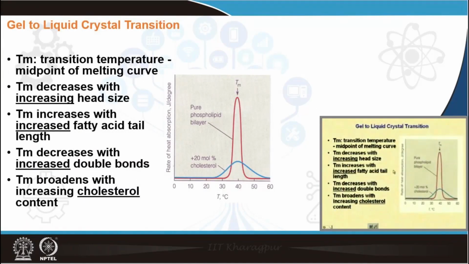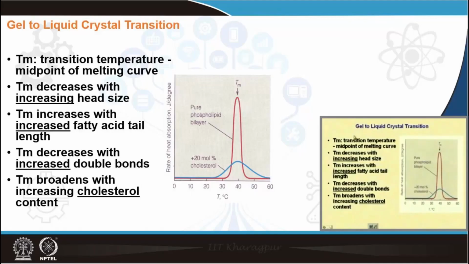Now we speak of the gel to liquid crystal transition. What does the gel mean? The complete crystal form where all the hydrocarbon tails are perfectly oriented. We have what is called a transition temperature. What is this transition temperature?